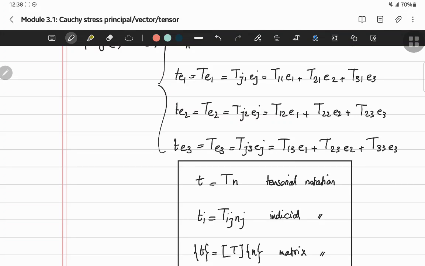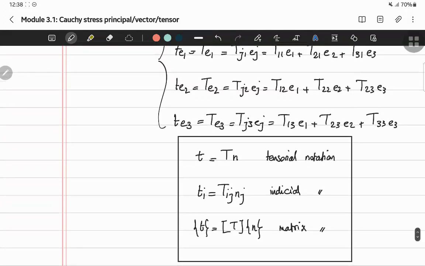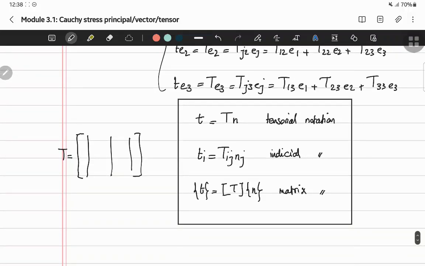So this is the reason that we basically filled in the tensors vertically, if you remember, because we have here Tij nj.